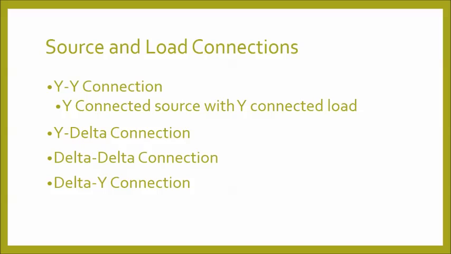There are 4 ways to connect the load with the source: star to star, star to delta, delta to delta, delta to star. Mathematical calculations of star to star or delta to delta connections are not that complex.